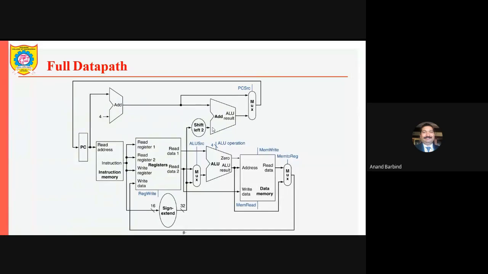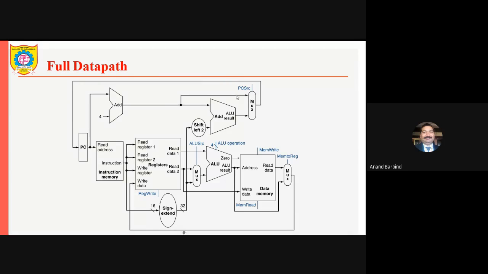This adder adds with the output of the first adder, and this result will be given to the multiplexer, and this multiplexer will select either the output of the first adder or the output of the second adder.